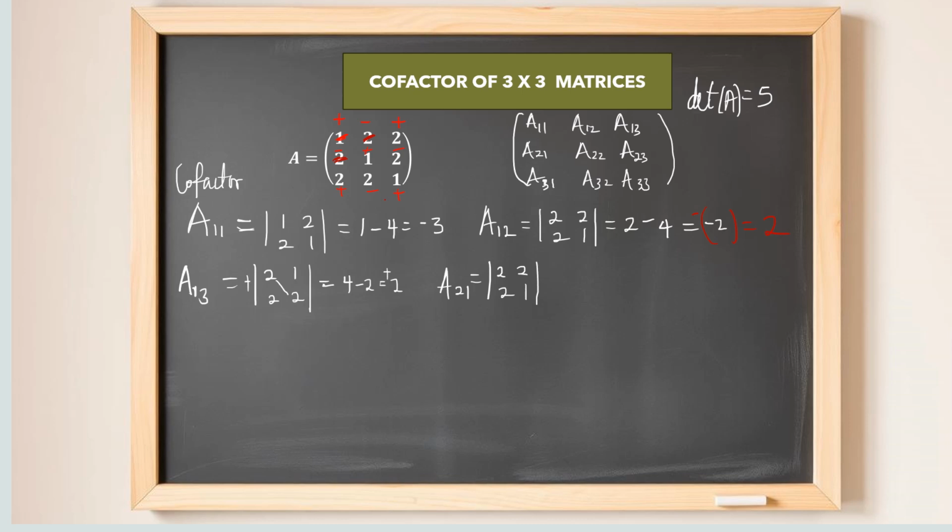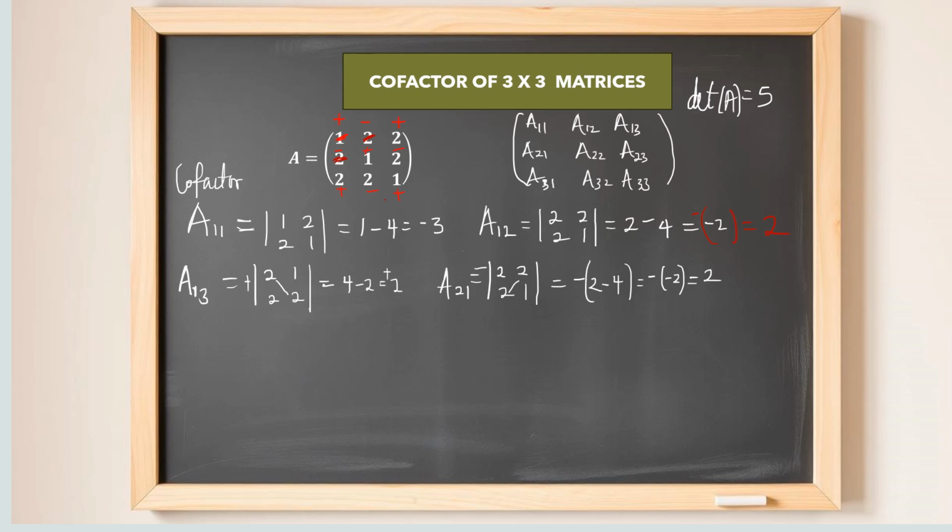Don't forget that the sign here is negative, so we have the negative sign outside. So here we have negative 2 times 2 minus 2 times 1... 2 times 1, 2, minus 2 times 2, 4. So here we have negative of negative 2, which gives 2.